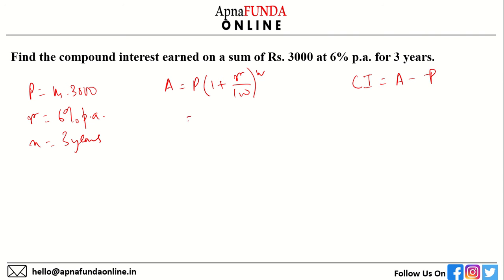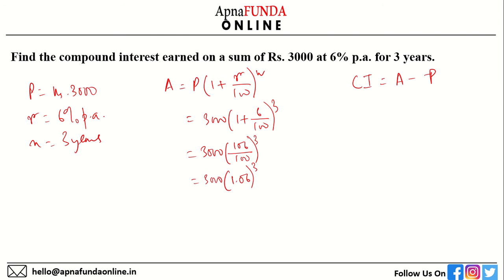So let's solve this. Principal will be 3000 into 1 plus R, that is 6 by 100, whole to the power of 3. So this is 3000 into 106 by 100 to the power 3. So this is 3000 into 1.06 to the power 3. This is how I solve. I normally don't divide and make it more complicated.